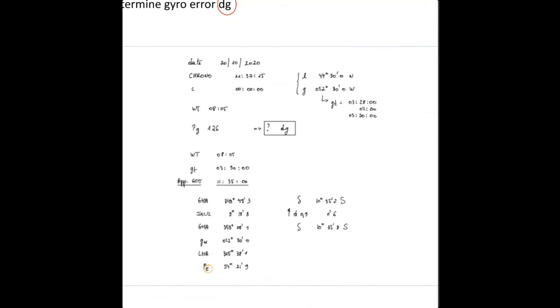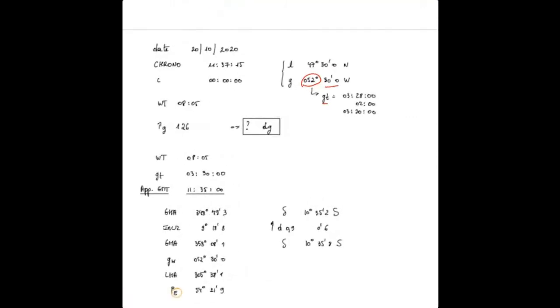We first transform our longitude into time. This gives us in total 33 hours and 30 minutes, that we have to apply to our watch time. Our longitude is west, so Greenwich is best.